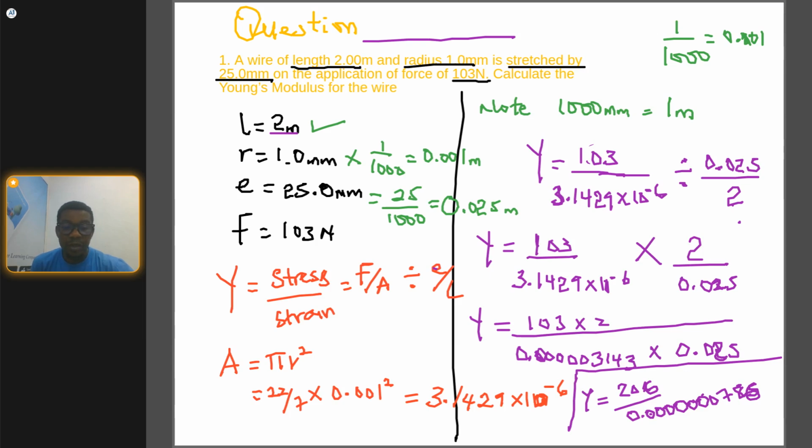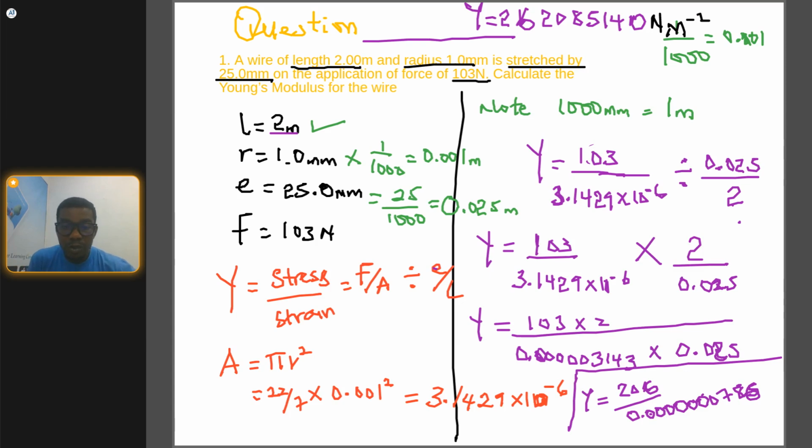Dividing that, we have the final answer to be Y equals 262,085,140. So this is going to be the final answer after you have divided this expression, and it has a unit. The unit of a Young modulus is Newton per meter square.